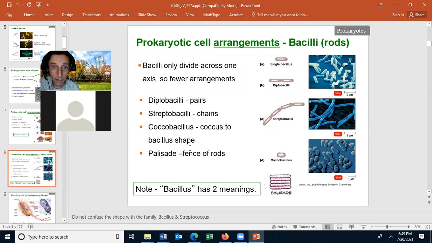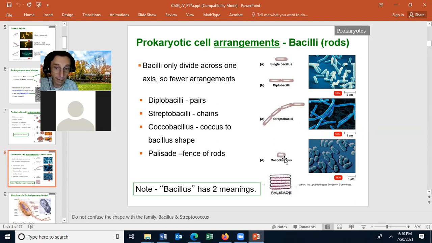I should note that Coccobacillus is not a cellular growth arrangement, and I don't know why it's here, although this is a Diplobacilli. Coccobacillus is a shape, and what you have is, if you have a bacilli that's rounded on the edges, and you make it shorter and shorter, it will eventually become a Coccobacillus.